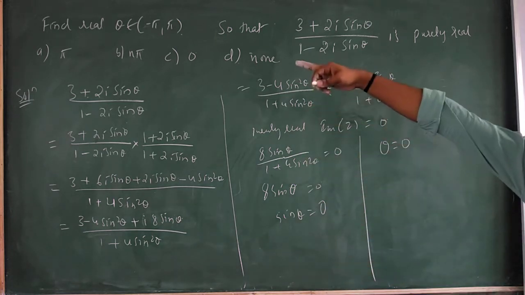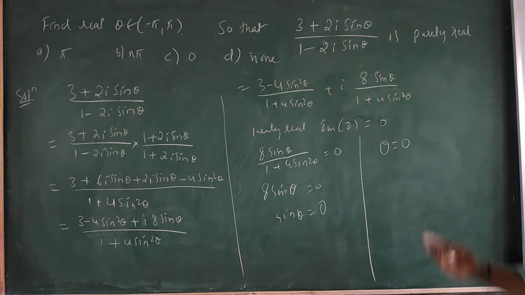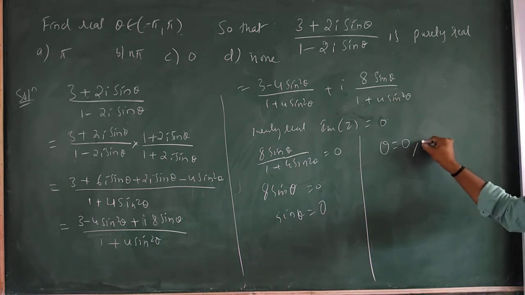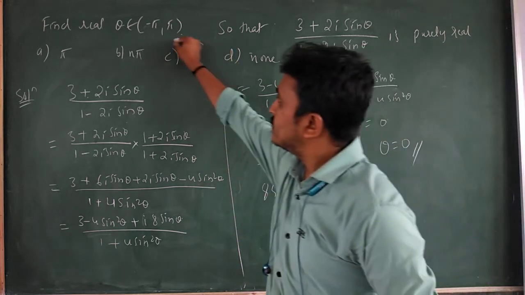But in the given condition, the interval is the open interval minus pi to pi only. So the theta value is 0 only. Option C.